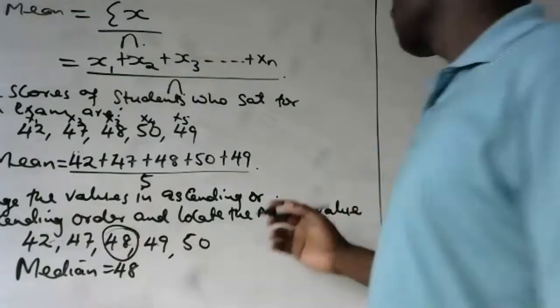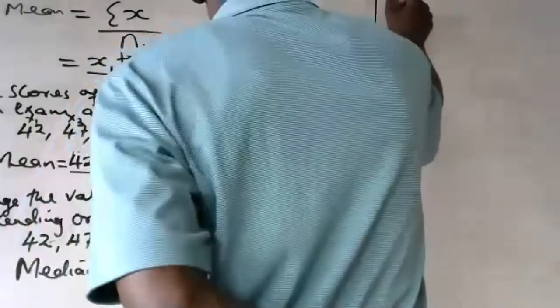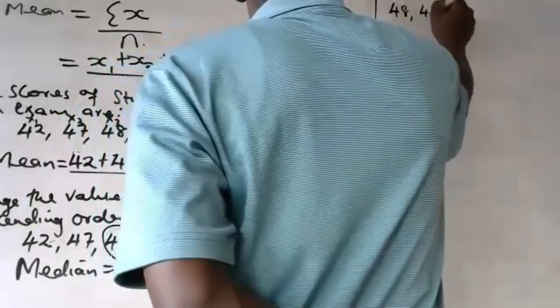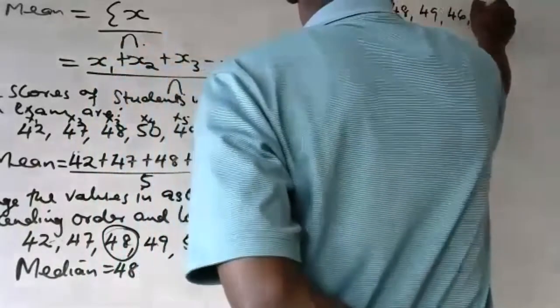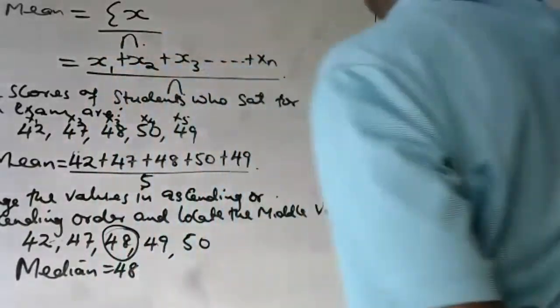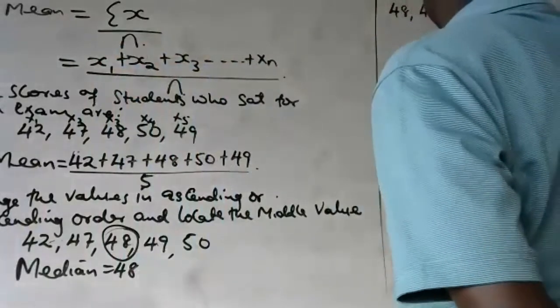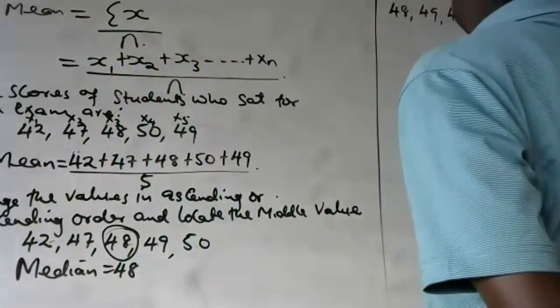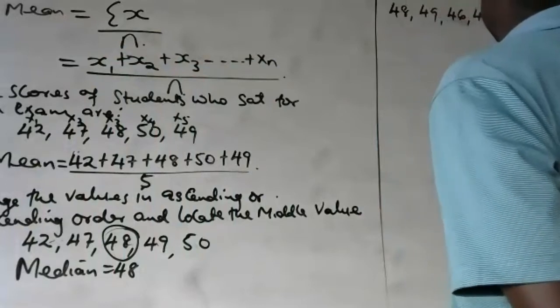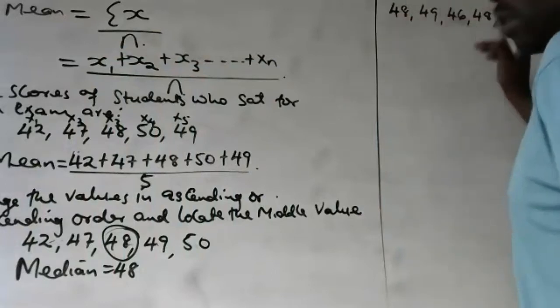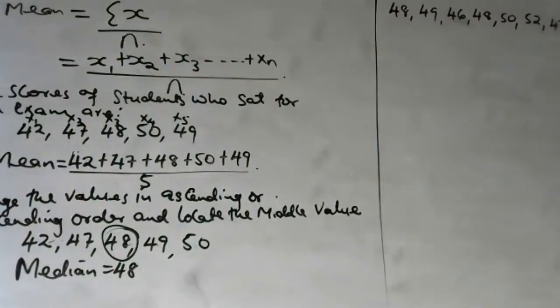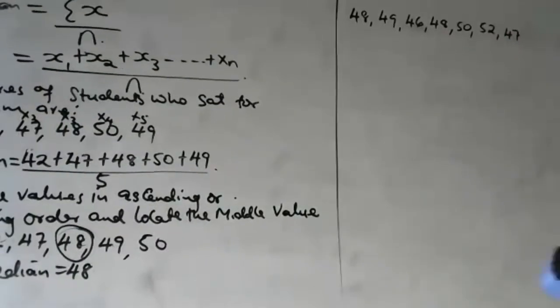Sometimes you can be given values like this: maybe 48, 49, 46, 48, and then you have 50, 52, 47, and then maybe 53. And you are told to determine the median mark.